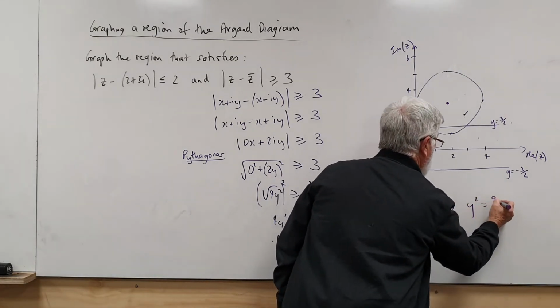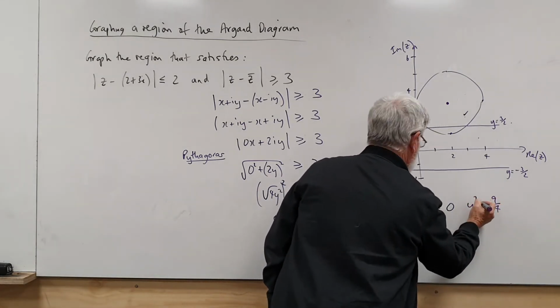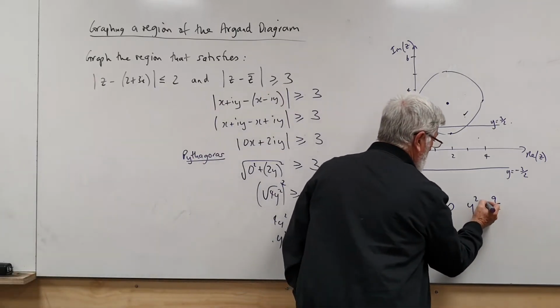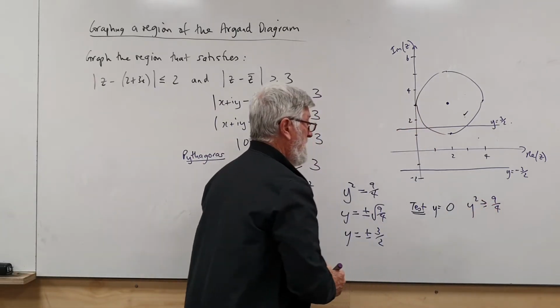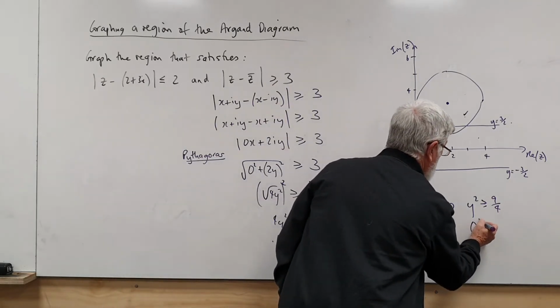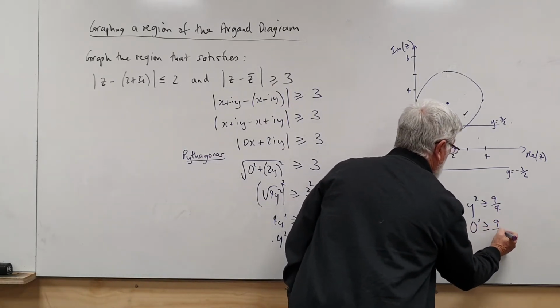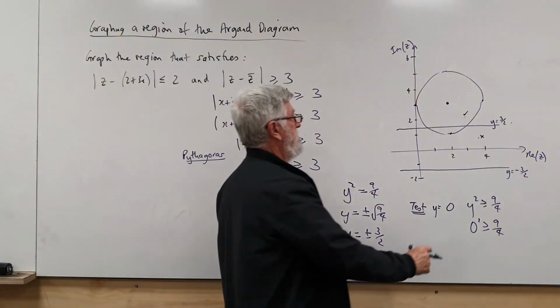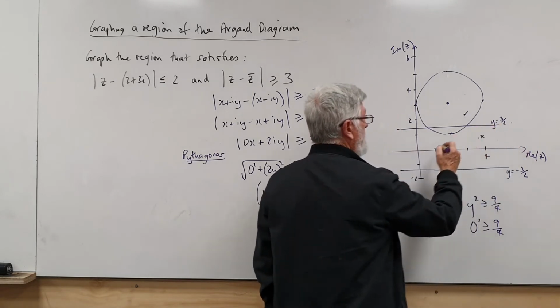Y squared equals 9 on 4. And let's go back to the original. We're better if we do the original. Y squared is greater than, so we test 0. 0 squared, is that greater than or equal to 9 on 4? No. So any point in there is not true.